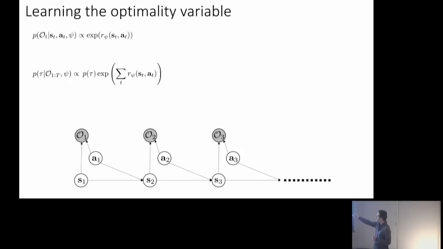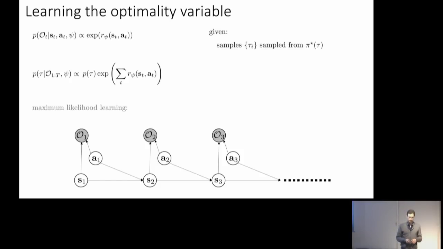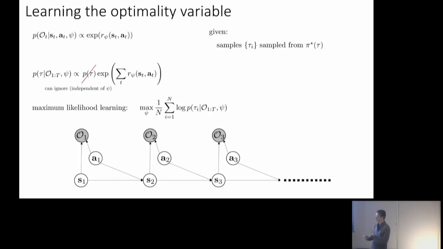And if we want to optimize this probability for some example trajectory, we just have to compute its derivative with respect to psi. The first term doesn't depend on psi, so if we're doing maximum likelihood learning, all we want is to maximize the log probability of this thing. Since the first term doesn't depend on psi, we can just ignore it.